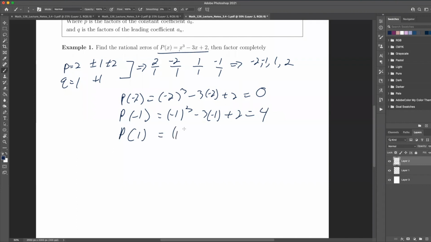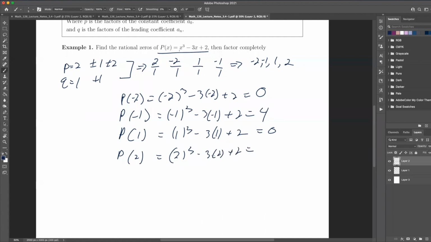Here, if I have 1 cubed minus 3 times 1 plus 2, that's equal to 0, because I'll have 1 minus 3 plus 2, so that's 0. And then p of 2 is equal to 2 cubed minus 3 times 2 plus 2.